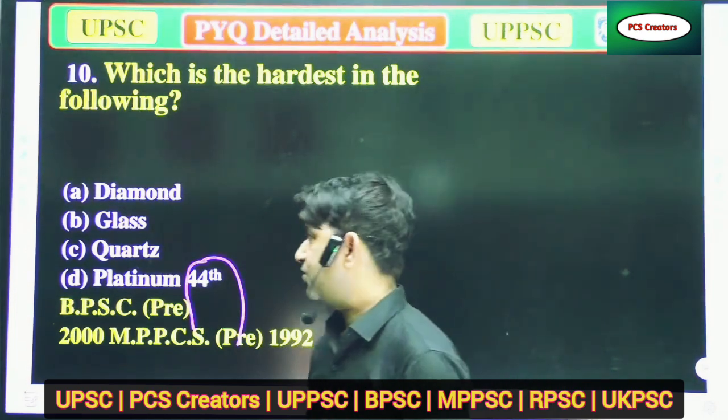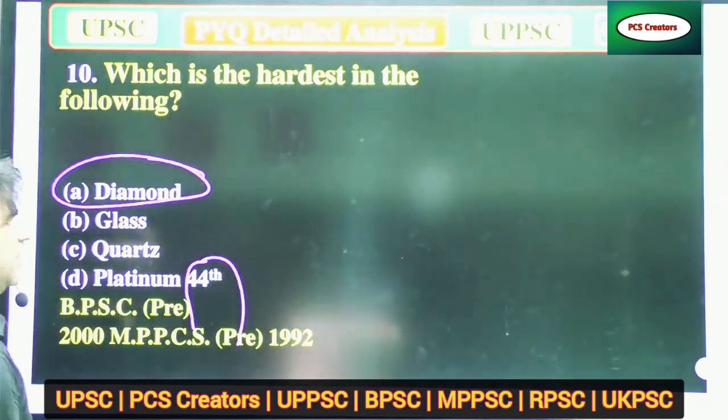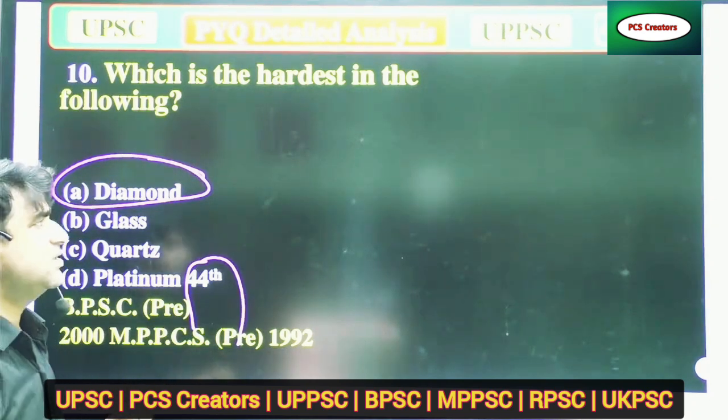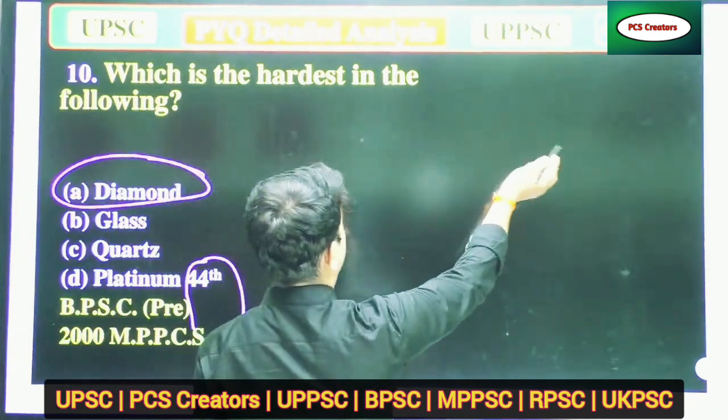Which is the hardest? Our correct answer is diamond, because diamond is the hardest substance of the earth, means the naturally occurring hardest substance on the earth.